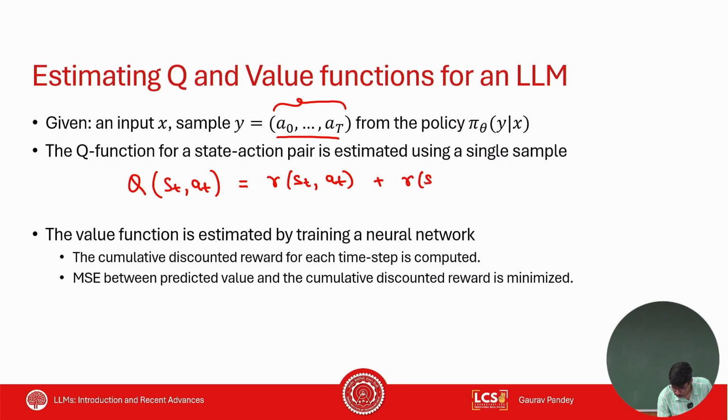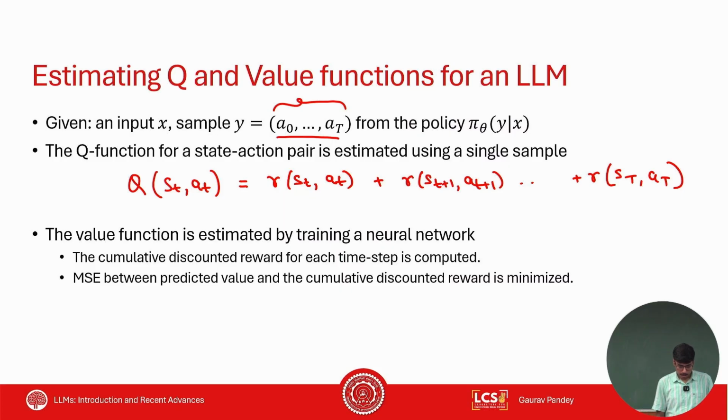So reward of st+1, at+1, until you encounter the end of text. So this is your Q function estimated using just one response.